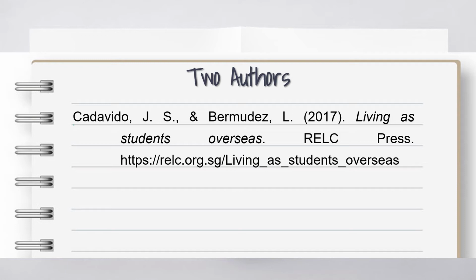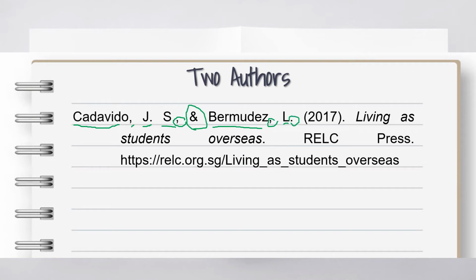We have Cadabido, and then we have the comma, initials J period and S period, followed by a comma, and then we have here the end symbol. And then we have the second author, who is Bermudez. Then we have the comma, and then initial L for the name, and then we have the period.